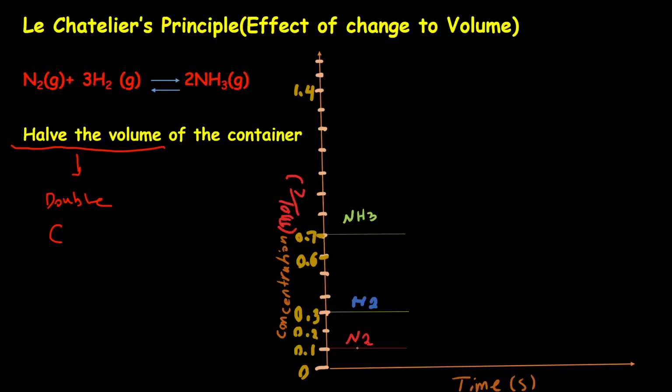So as you can see, N2, the concentration is 0.1 mole per liter. So it has a sharp change to 0.2. Okay. And H2 has a sharp change from 0.3. If we double it, it's 0.6.